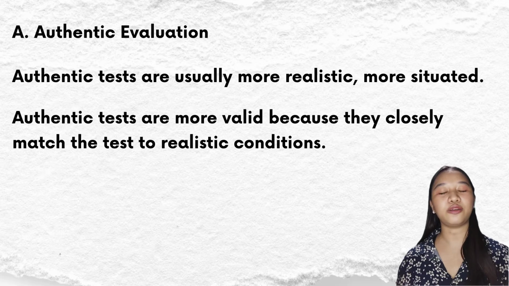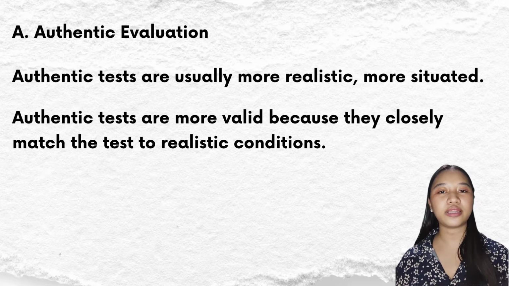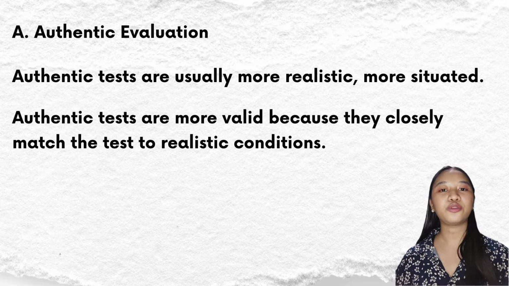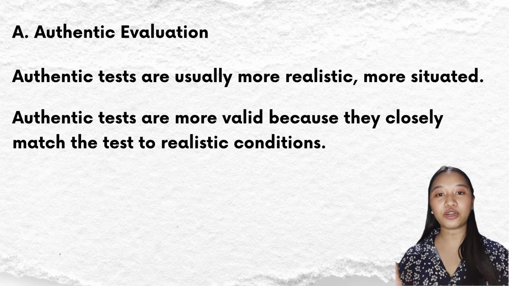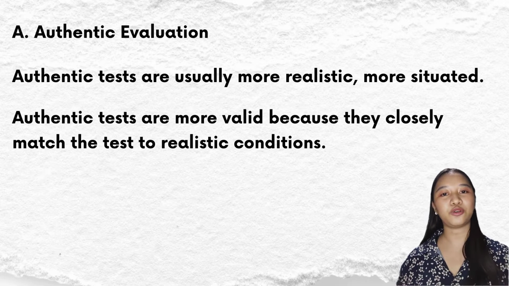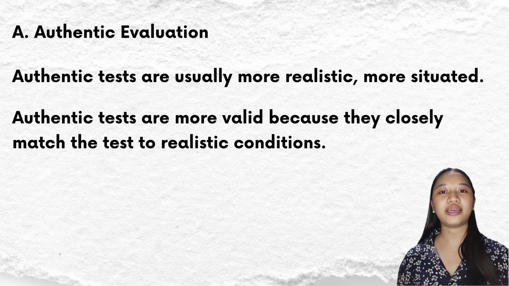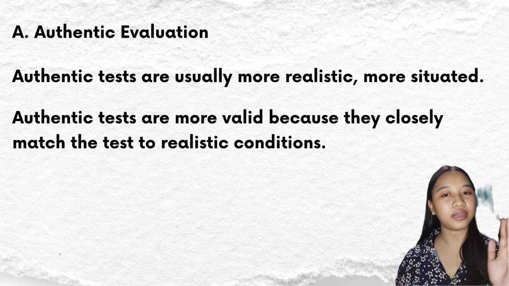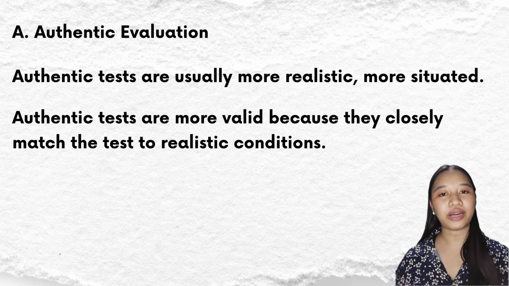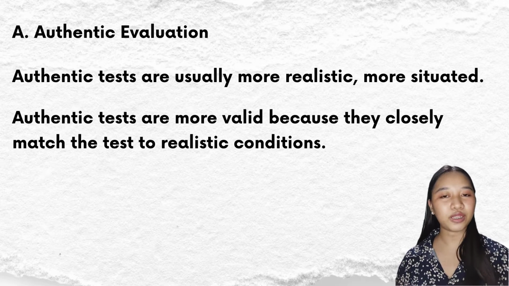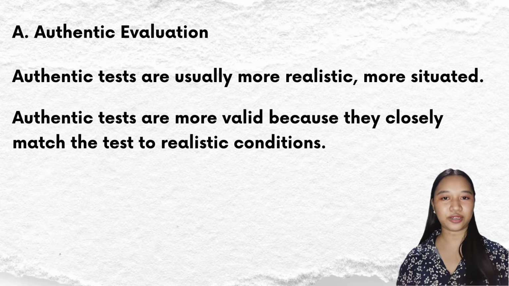Authentic tests are usually more valid because they closely match the test to realistic conditions. Unfortunately, the test item shows no hint that Teacher K is using an authentic test. That is why authentic evaluation is not needed. This signifies that letter A, authentic evaluation, is not the correct answer.